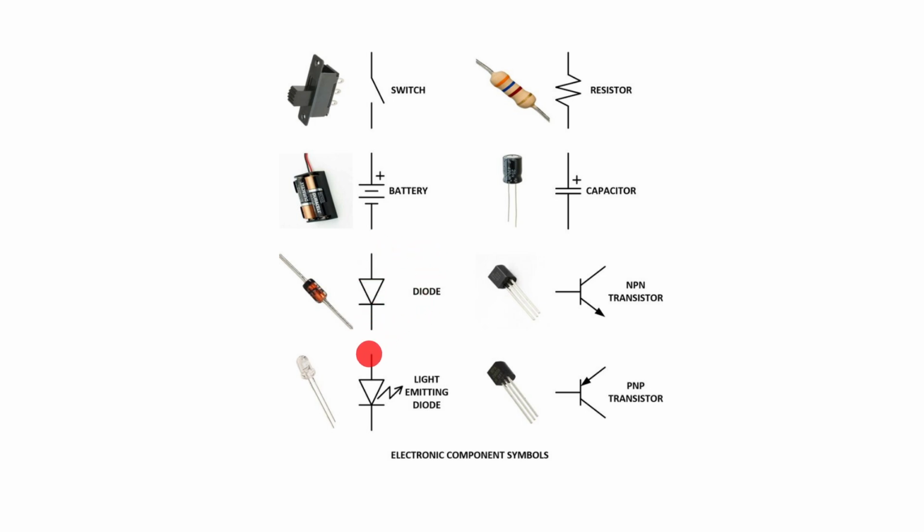We're going to look more at it in other lessons when we look at NPN, semiconductors, and conductors and such things. We also have the light emitting diode. It's just the same as the diode, but it also produces light.